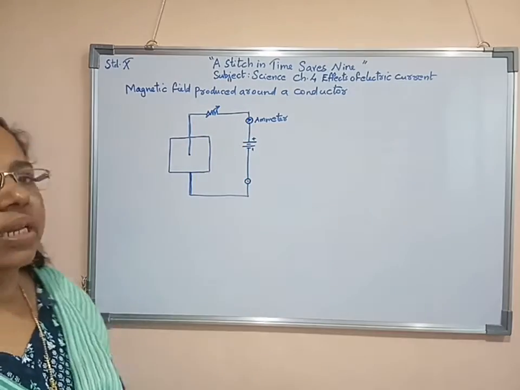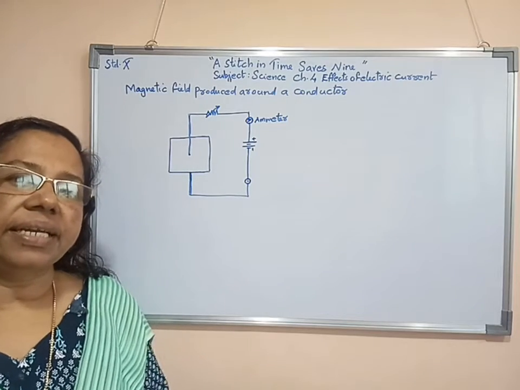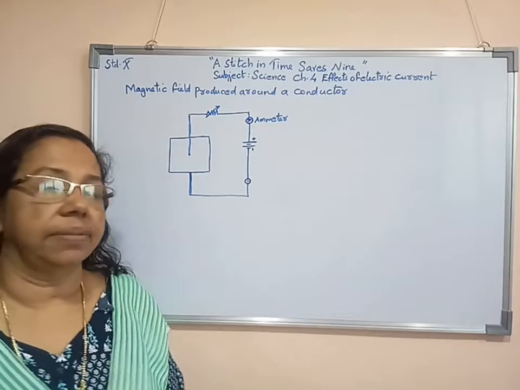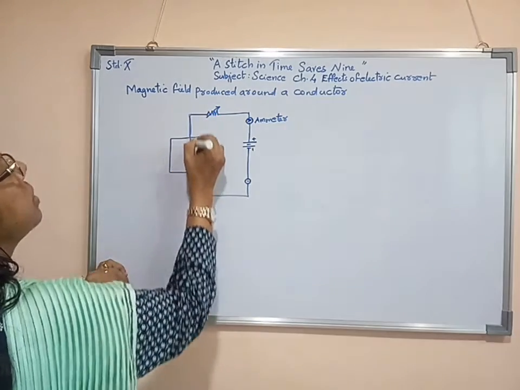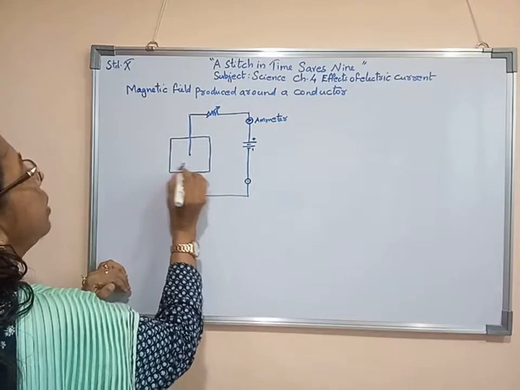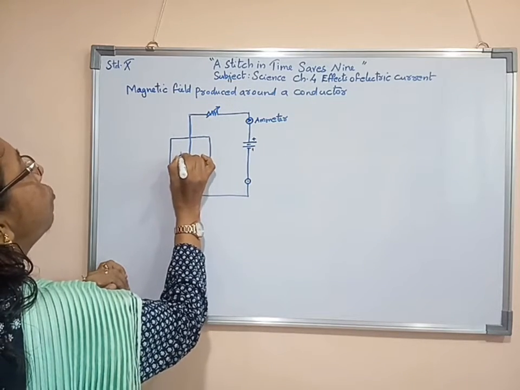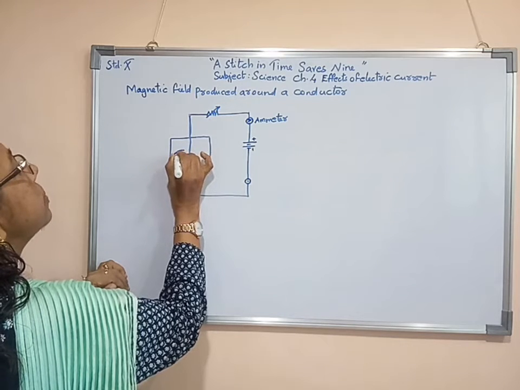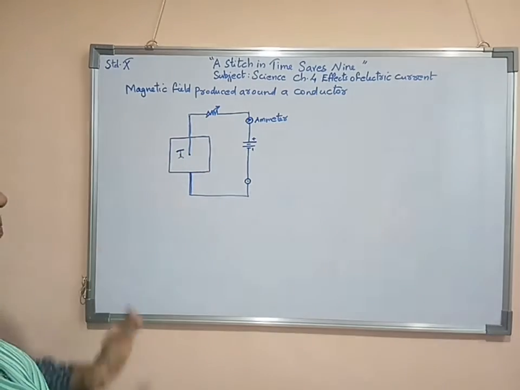Then one rheostat is connected that has the capacity to change the resistance of the conductor. Now current is passing through this wire. At first I am connecting and keeping one magnetic needle here.